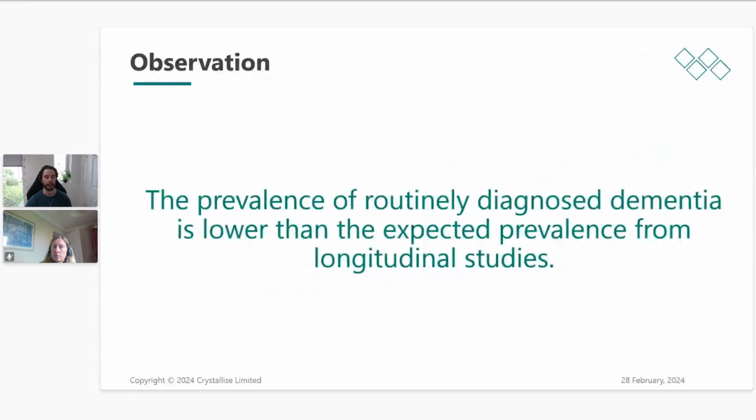So another observation, the prevalence of routinely diagnosed dementia is lower than the expected prevalence from longitudinal studies. The benefit of these longitudinal studies is that we can get an understanding to what degree dementia is underrepresented within general population data, or underdiagnosed, if you like.